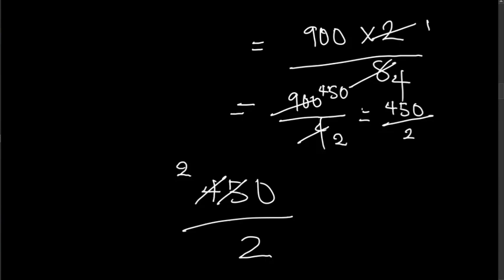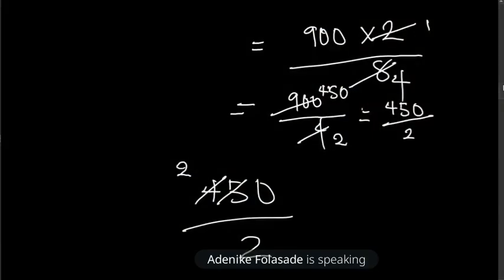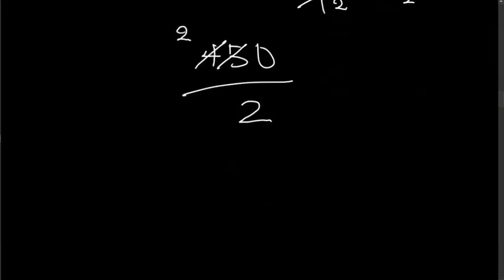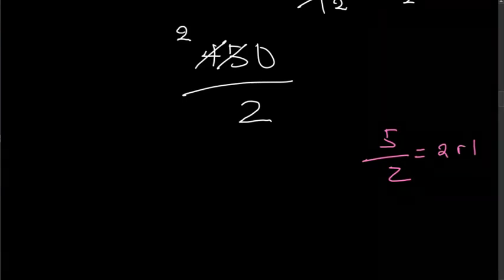Who does not understand how 5 divided by 2 is 2 remainder 1? Nobody. That means you have the knowledge of that already.